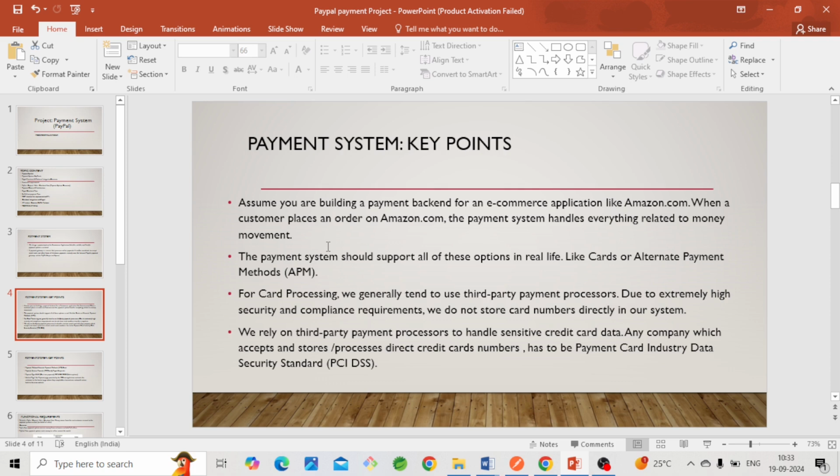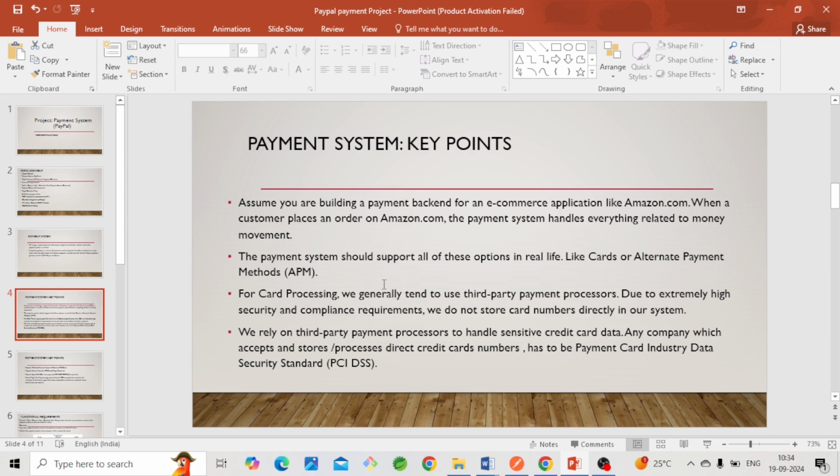In this project we are focusing on the backend process, the backend for an e-commerce application, like Amazon.com. Suppose a customer places an order and is on the checkout page. He wants to do the payment. The payment system on Amazon.com handles everything related to money movement.